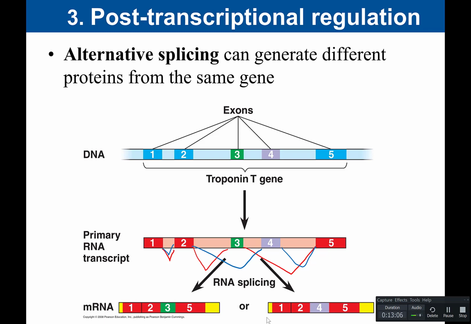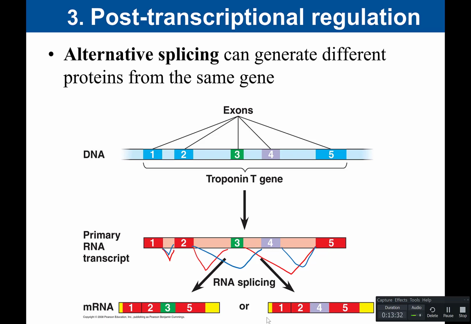So one is formed in embryonic development, one is used in adult skin, etc. And so by using alternative splicing, our cells can take a limited number of genes and cut them in different ways and produce multiple proteins from one single gene. And that is because of this alternative splicing.